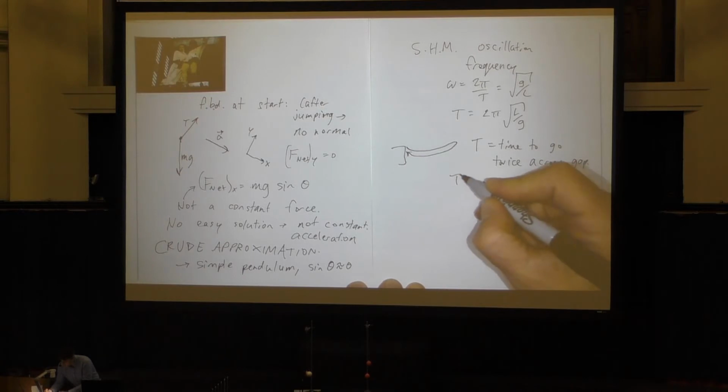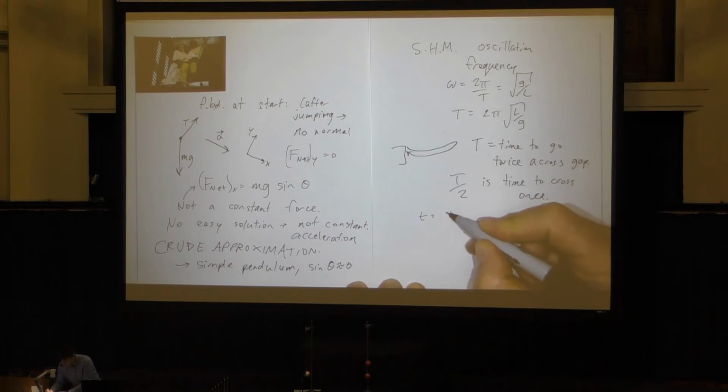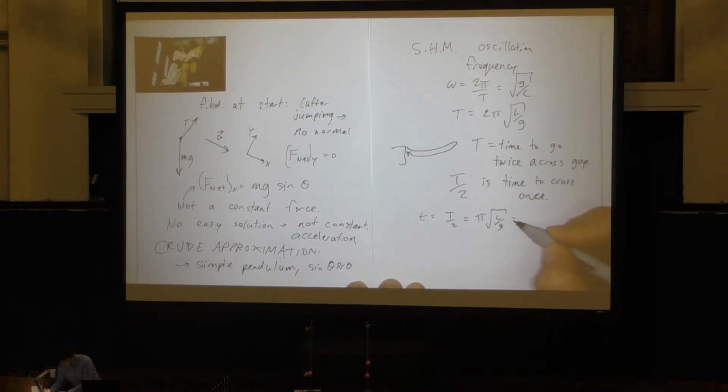T over 2 is the time to cross once. And then you just plug in. So T over 2 is equal to just pi times square root of L over g. So it's 3.14 times the square root of 30 divided by 9.8. So I got that it's 5.5 seconds.